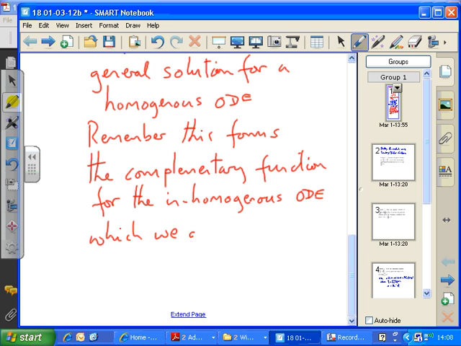Solve it using the perfect square, or just how we have been doing it.